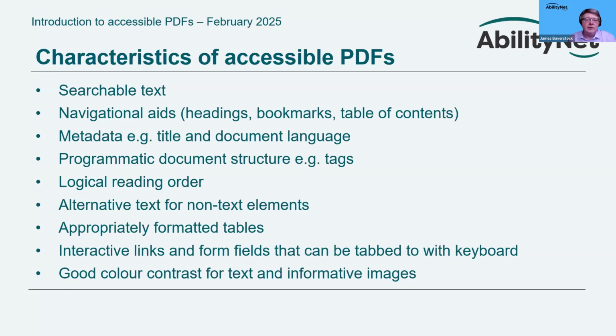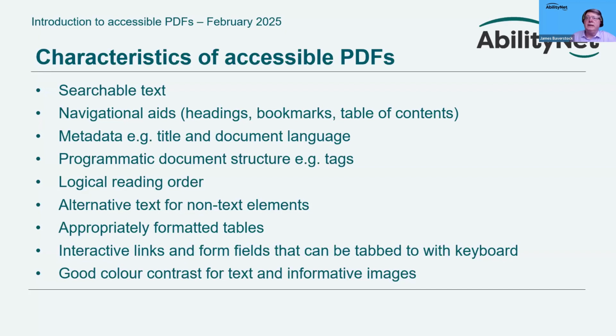For example, if you paste in an image of text instead of having actual text, that can be problematic for users with low vision who need to magnify your document, because potentially the text will pixelate, as well as being problematic for blind users, maybe using screen readers, it can also cause problems for users with conditions like dyslexia, who may use text-to-speech software to read out the document. And to do that, they need to select text to have the software announce it for them. And if you have text that is an image, then it can't be selected.